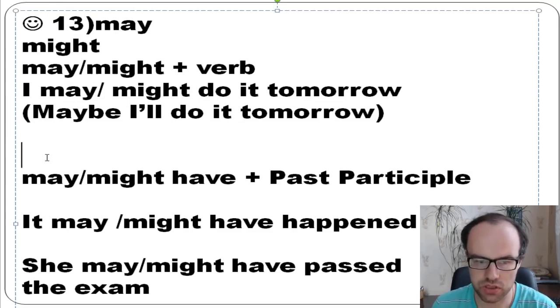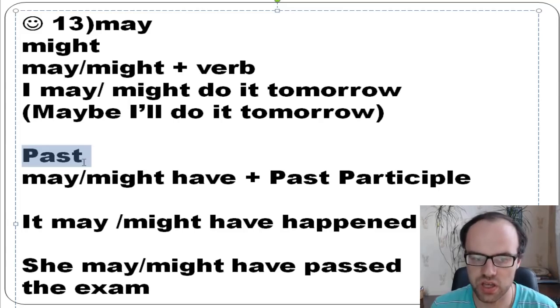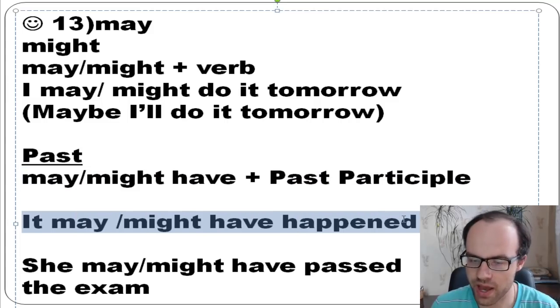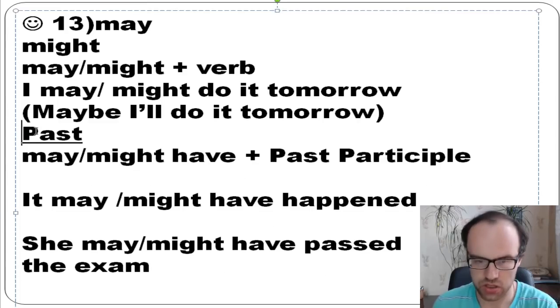But if you need to talk about the past, yeah, we use this structure. May or might have plus past participle. Look, it may have happened or it might have happened, okay? So what does it mean?